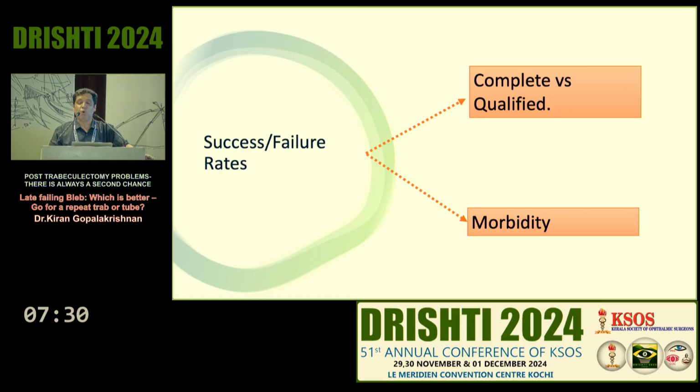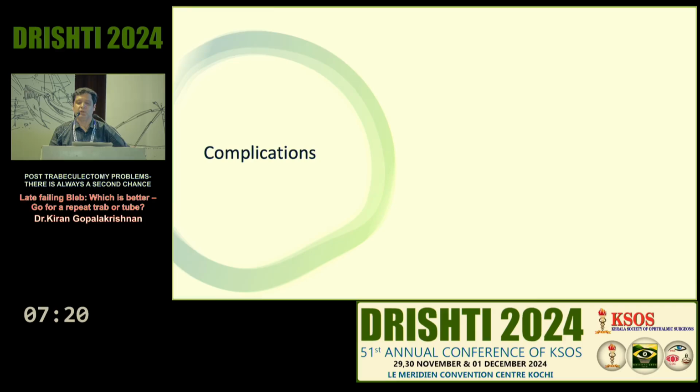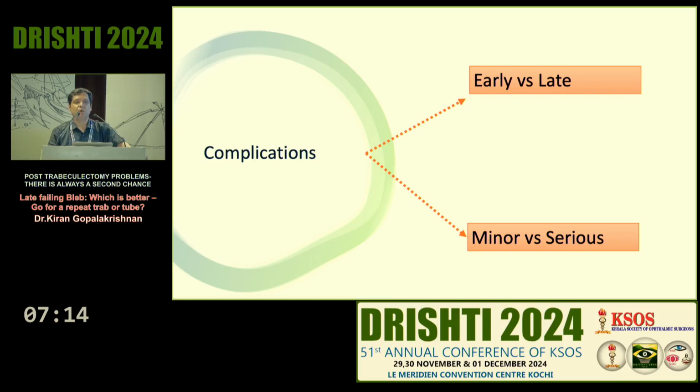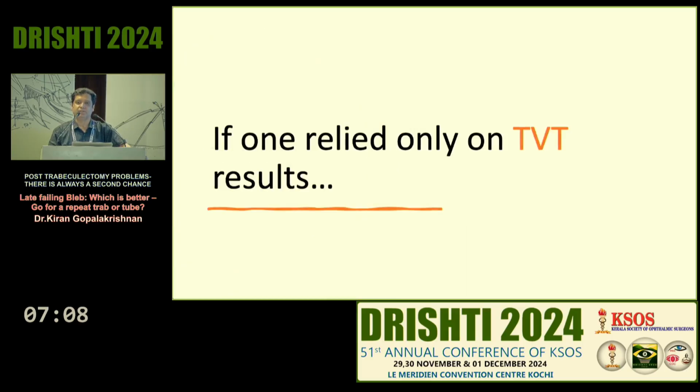And something we don't usually give a lot of importance to is the morbidity associated with each of these two procedures, because by the time you are dealing with a failed trab, morbidity is the last thing you think about. Now with complications, you not only want to consider early and late complications, but also complications which are minor versus more serious ones that can really affect the patient's vision.